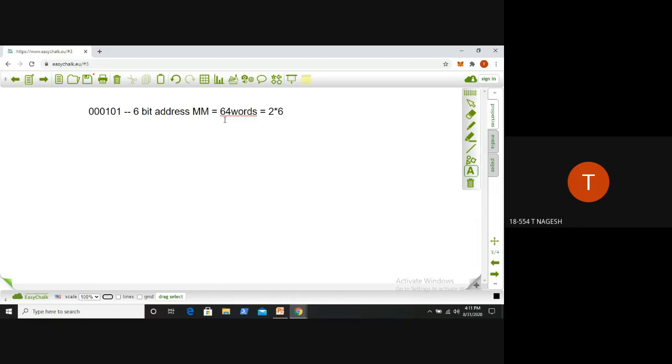That means to represent each word I need 6 bits of address. So that's why I'm taking a 6-bit address in this example. So this is my address.